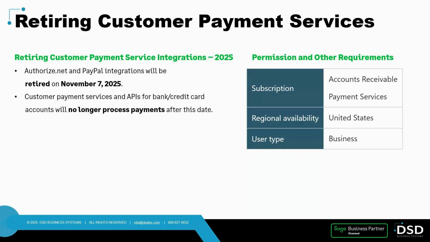Sage recommends VersaPay, which is going to be a great alternative to use after that November 7th, or obviously before. Customer payment services and APIs for bank and credit card accounts will no longer process those payments after that date. And then the subscription on the right hand side, which is the AR and the payment services, will need to be subscribed for.